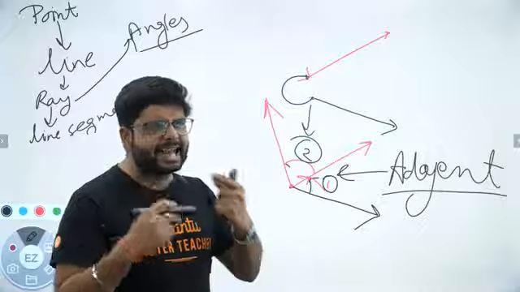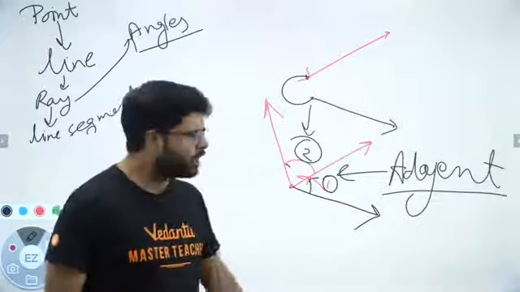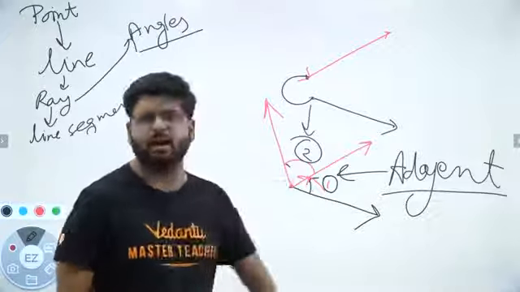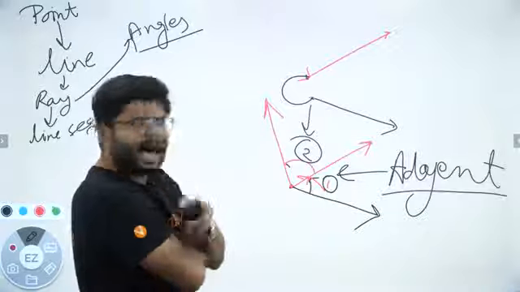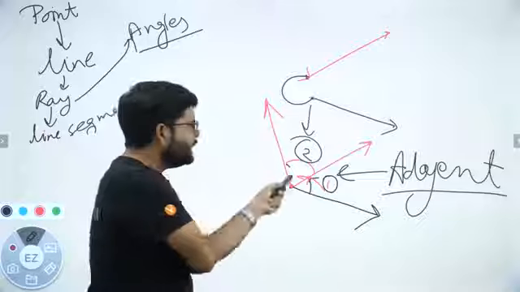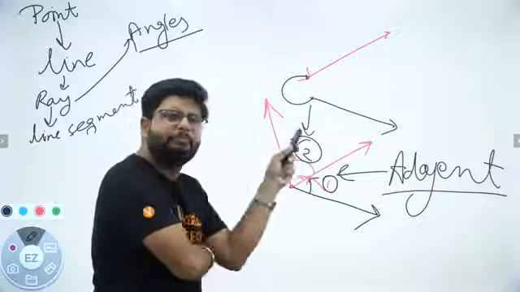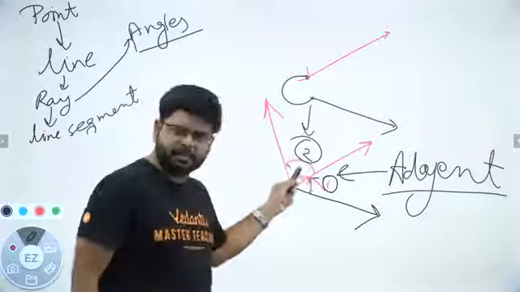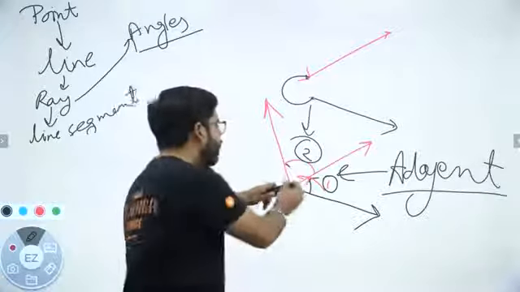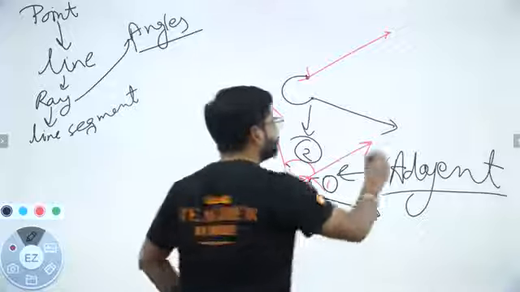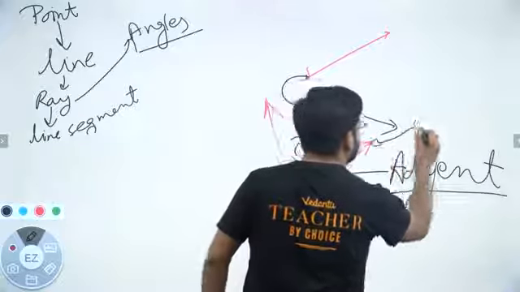So what can I say about the adjacent angles, guys? What are the adjacent angles now? इसका मतलब ये हुआ, by looking at this figure, I can easily say that adjacent angles are a pair of angles which have a common arm. See, this is a common arm.